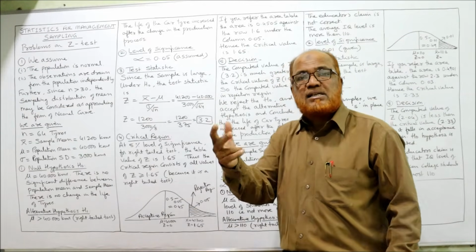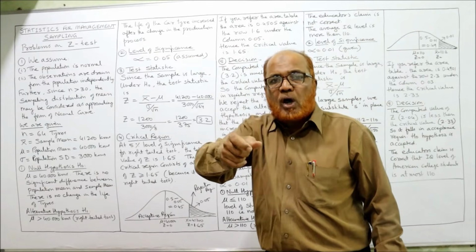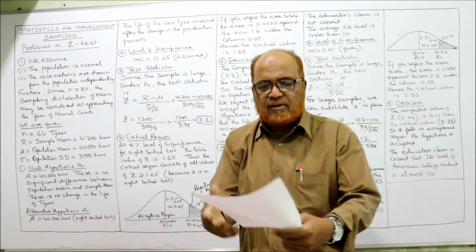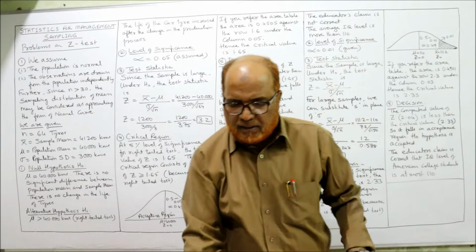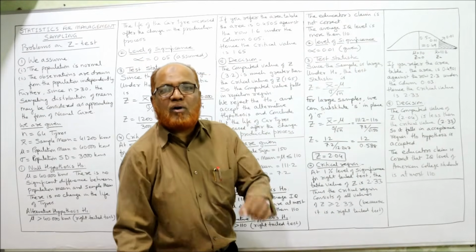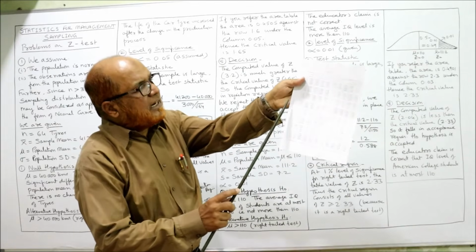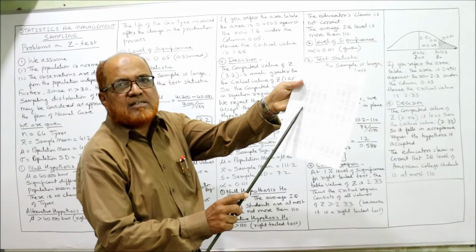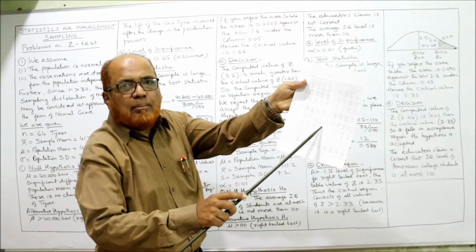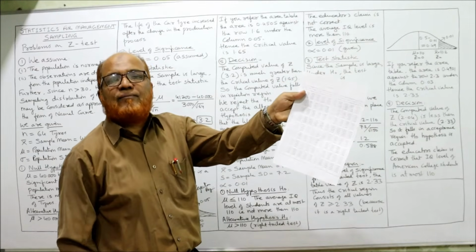So in which row and which column do we have 0.4505? If you watch carefully, you will get 0.4505 in the row of 1.6 and in the column 0.05.